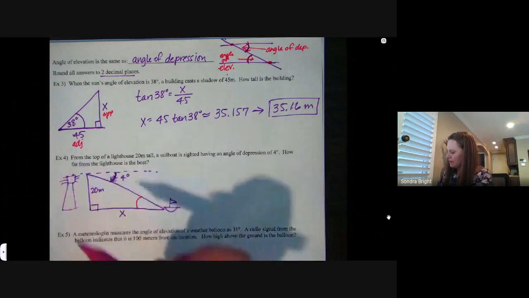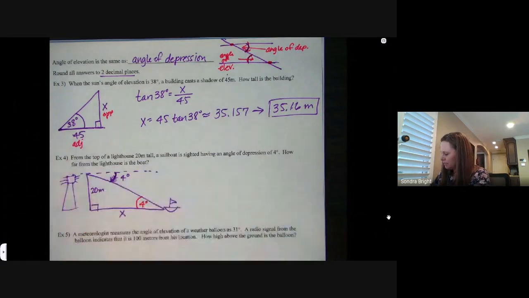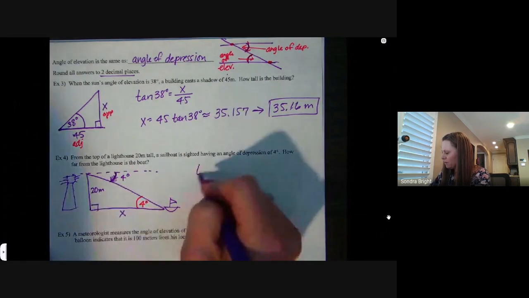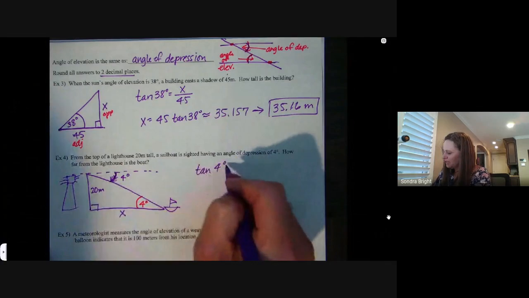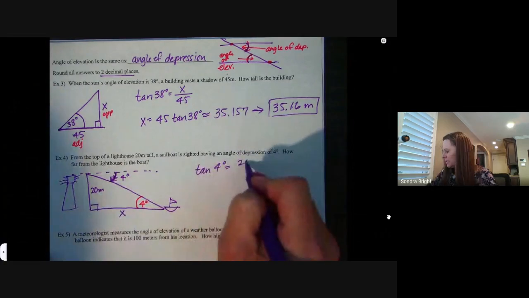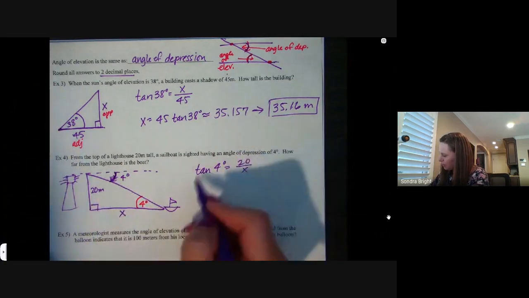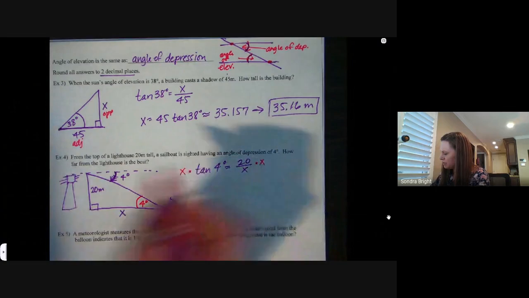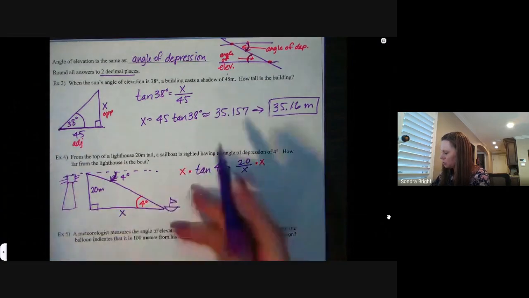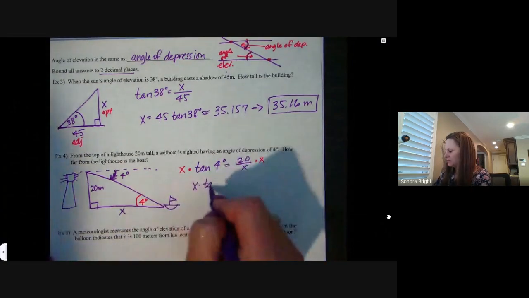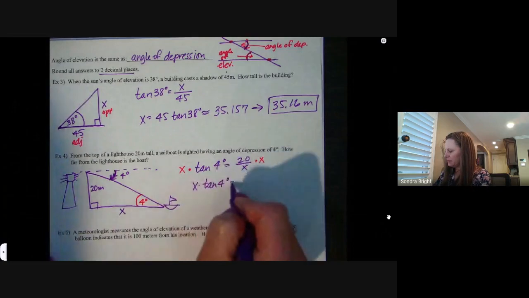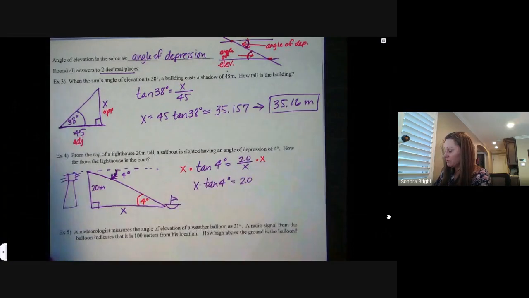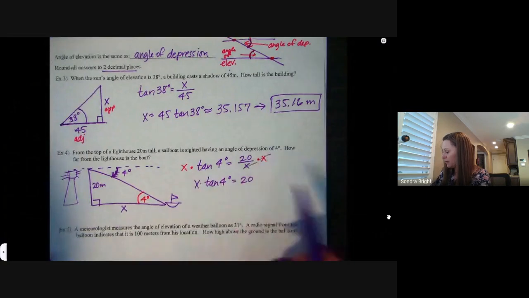All right. I've got opposite and adjacent, so that's tangent of 4 degrees is equal to 20 over x. Multiplying both sides by x, I'm going to show this out because it comes out differently than before. You would get x times tangent of 4 degrees is equal to 20. So those x's cancel. And then you're solving for x, so divide both sides by tangent of 4 degrees.